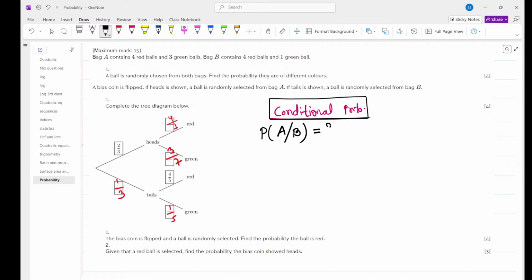Suppose someone is saying find P(A|B). What does it mean? Find the probability of A when B has already happened. Yeah, probability of A when B has already happened. Given.